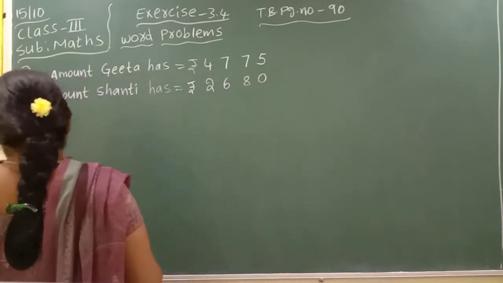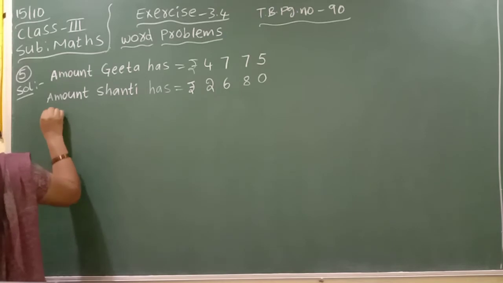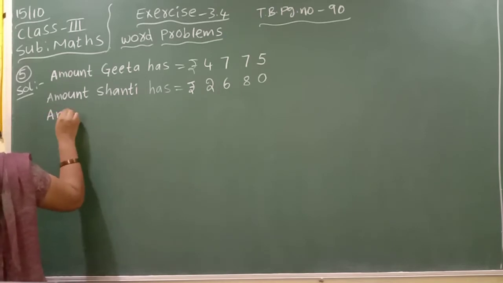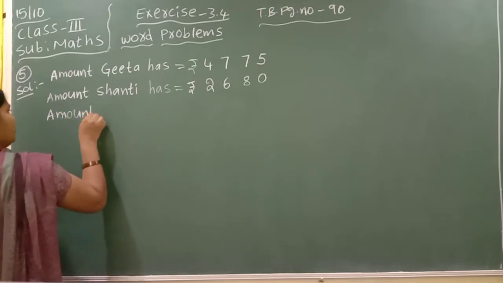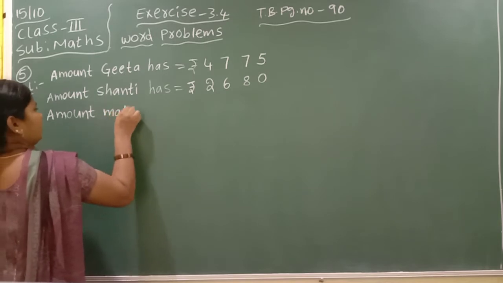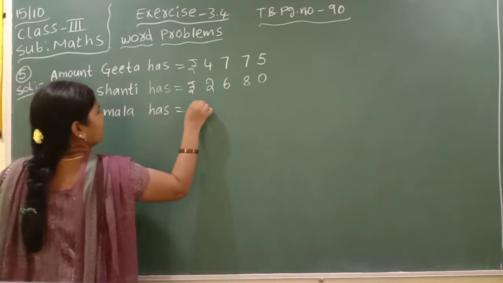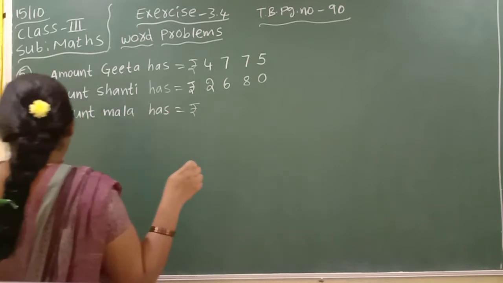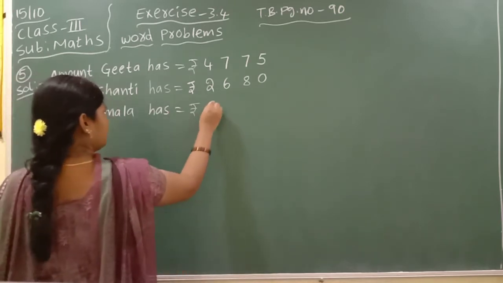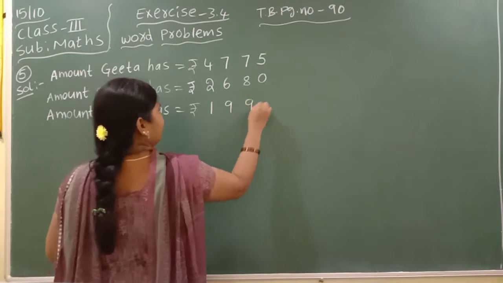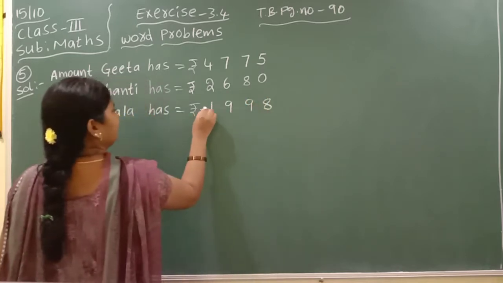Next, the amount Mala has. How much amount does Mala have? Rupee symbol 1,998, plus.